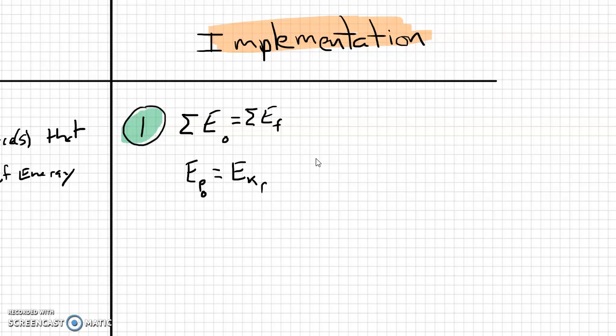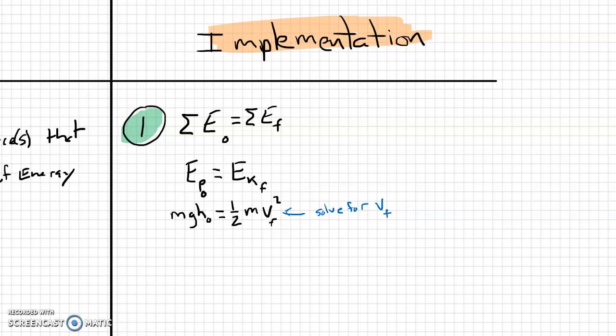So that was our final energy. Now, potential energy is found by taking mgh, and kinetic energy is 1/2 m, in this case the final velocity squared. And what I'm doing here is I want to solve for vf.